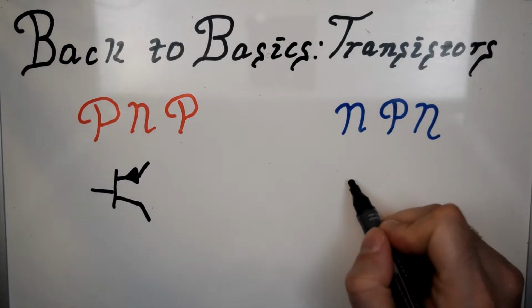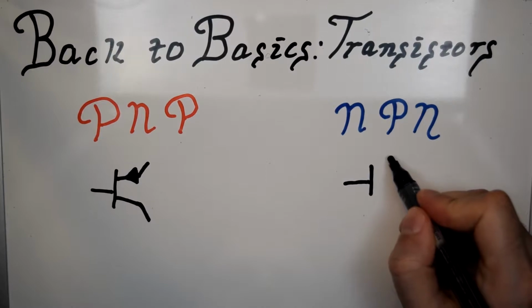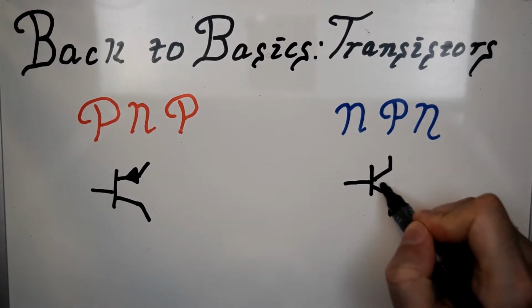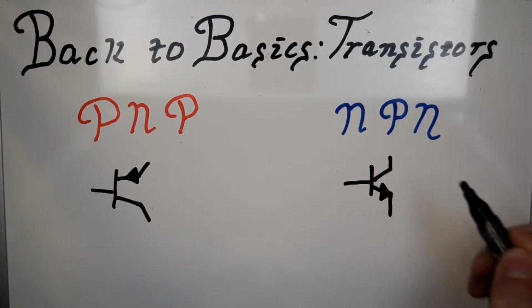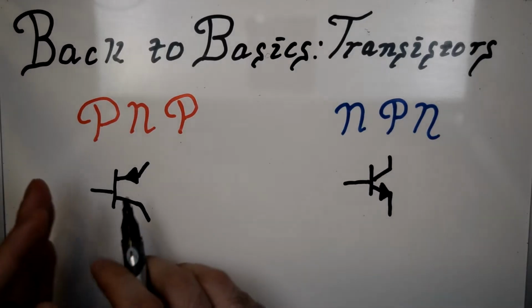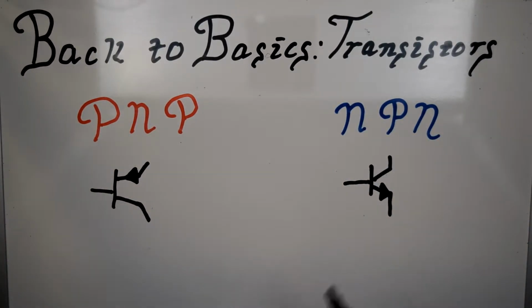And an NPN transistor is going to look like this. And the letters PNP and NPN stand for the type of semiconductor material that they have been constructed with.